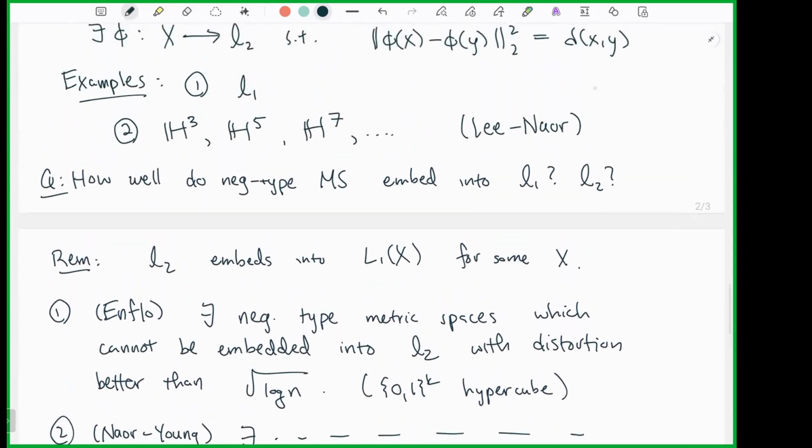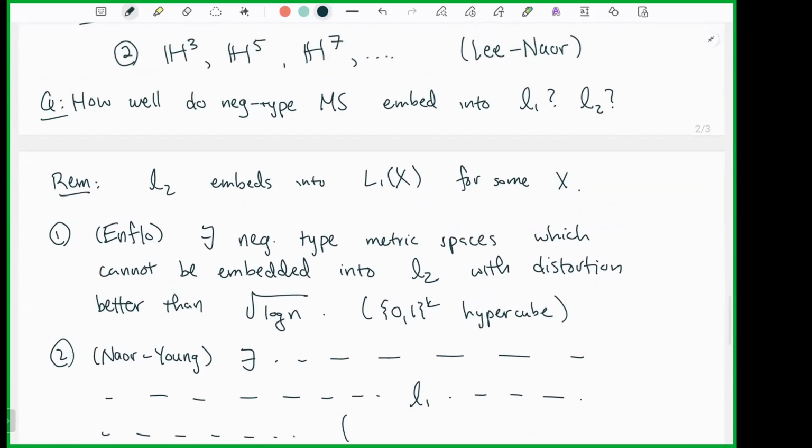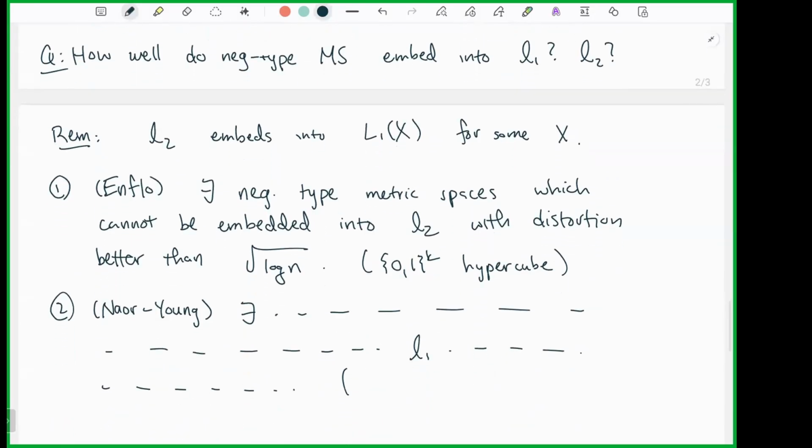Their counterexample is the Heisenberg group. The interesting thing is that the three-dimensional Heisenberg group, the simplest one, doesn't actually work. You have to take H5 or higher. They show that the unit ball of the discrete five-dimensional Heisenberg group, with the usual metric, cannot be embedded into L1 with distortion better than root log n.